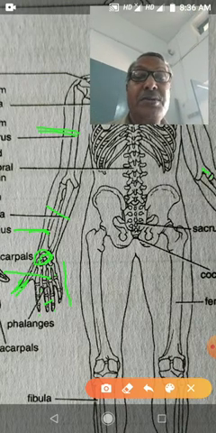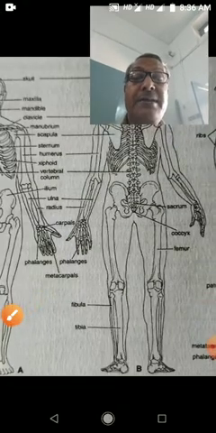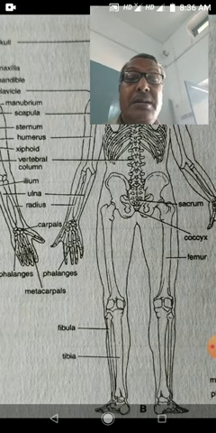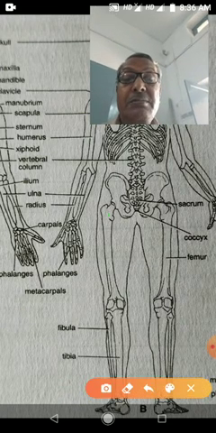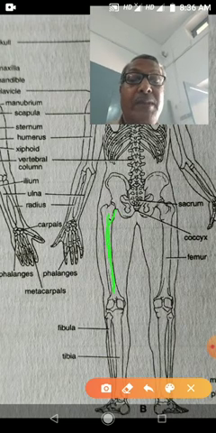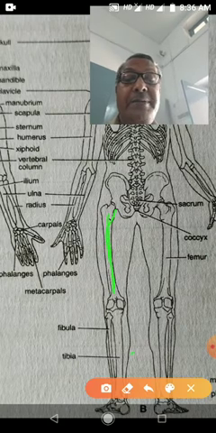Now you see the bones of the hind limbs. In the hind limbs, this bone is the thigh bone, called the femur, and there are 2 bones, tibia and fibula, in the leg.